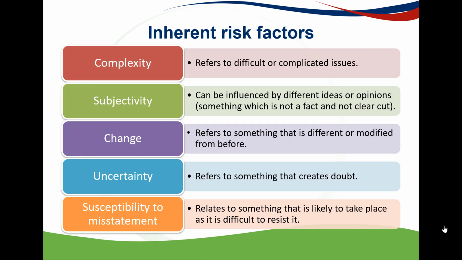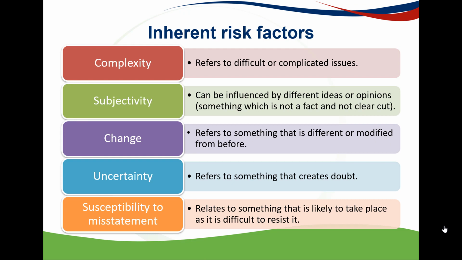So there are 5 inherent risk factors according to the new ISA, namely complexity, subjectivity, change, uncertainty, and susceptibility to misstatement. To understand what each of them are all about, you can refer to my explanations included in this slide. I would also advise you to refer to Appendix 2 of the revised ISA for some good examples.